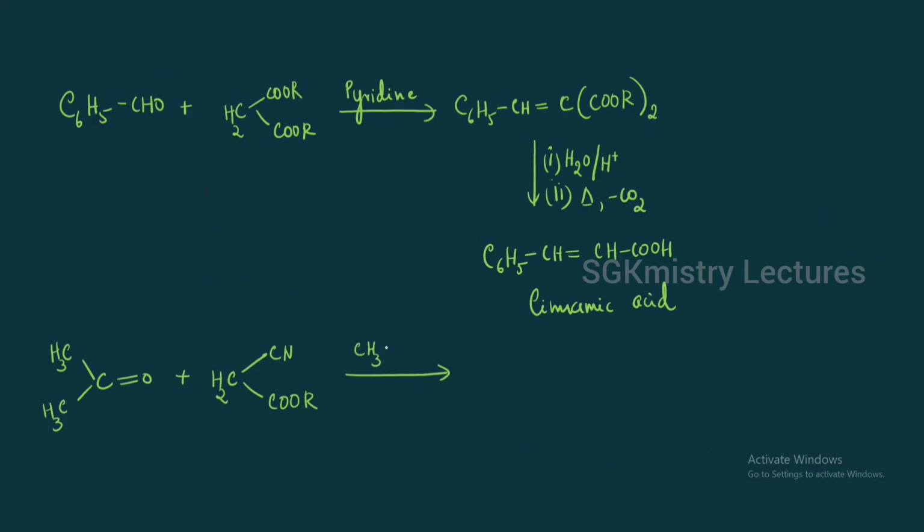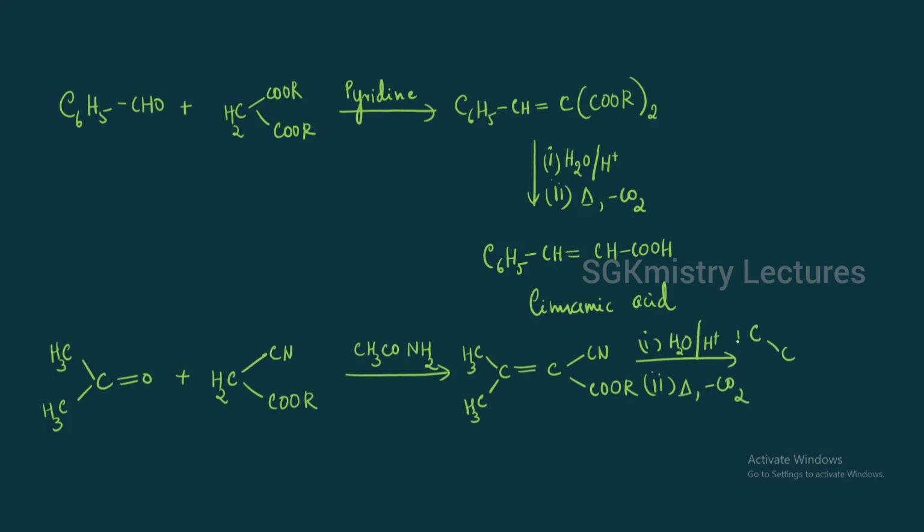Again, in the presence of CH3CONH2, the base, here you're going to get C, here CH3, double bond, C with CN and COOR. Now the next step: first step, you're going to take water and H plus, that is acid hydrolysis. Then the second step is heat, and decarboxylation occurs.